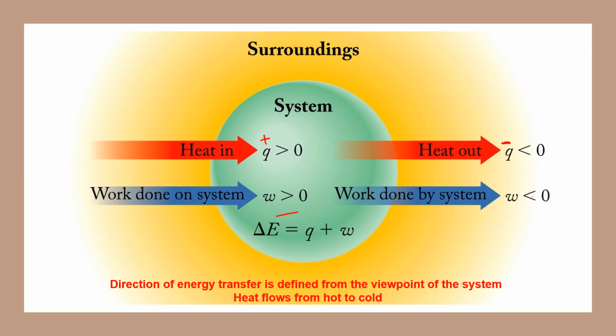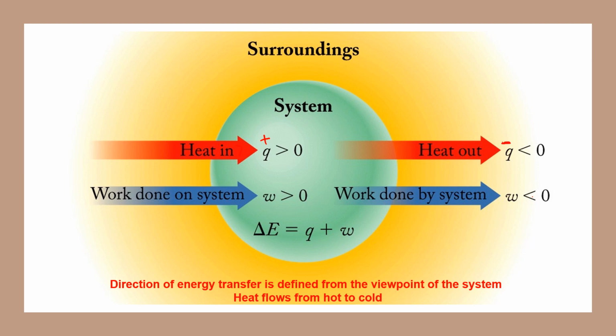Now, work is a little tricky, especially for anybody who's taking Physics 105 or 121 right now, because the difference between physics and chemistry is that we define work as opposite things. It really revolves around whether we're talking about work done on the gas or work done by the gas.